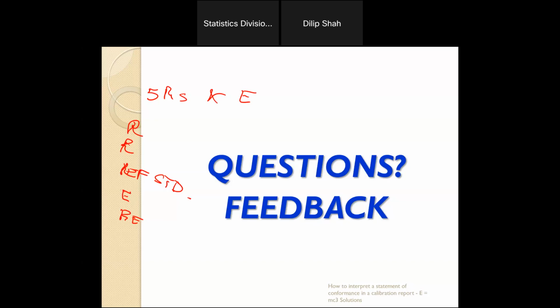Yeah, so the 5 R's and an E, which is the environment, your uncertainty evaluation should be done at the conditions you're going to use or employ the measurement, okay?